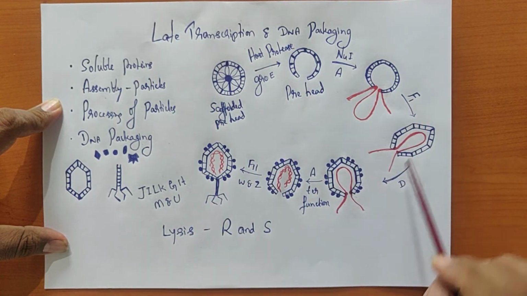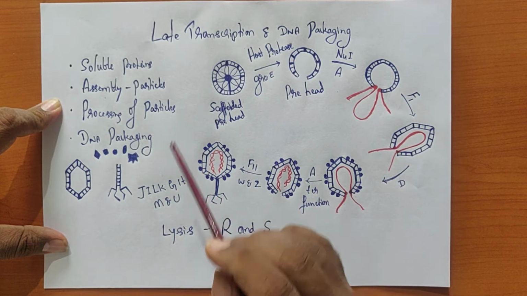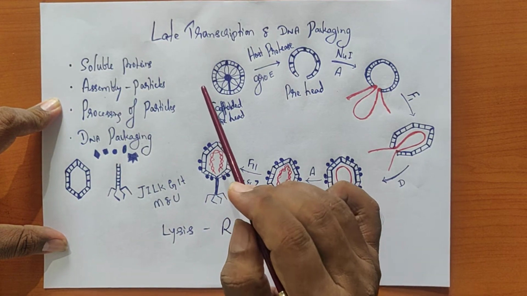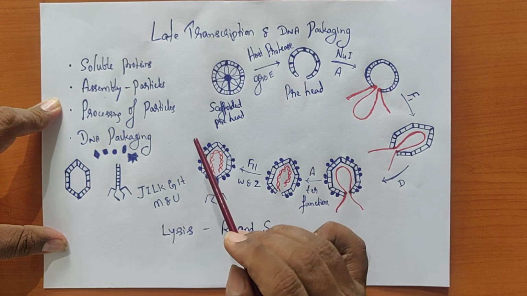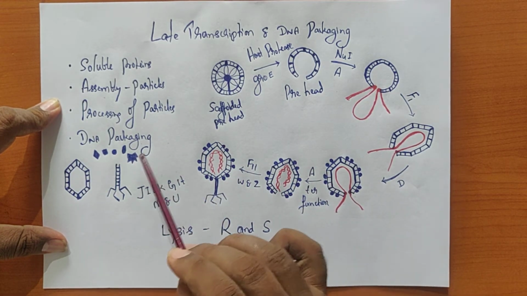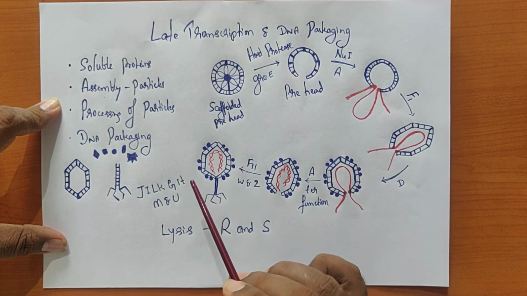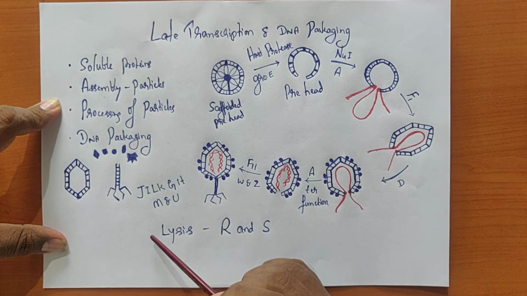Now, what this particular figure represents is that they initiated the lytic cycle and stopped it at different time points. Try to understand the stages of assembly with respect to the head as well as the tail region.